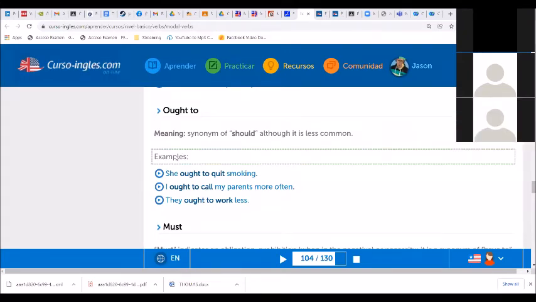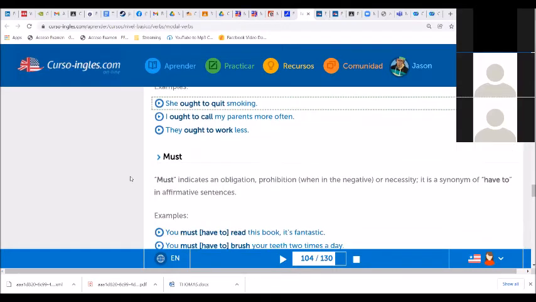Ought to. Examples. She ought to quit smoking. I ought to call my parents more often. And they ought to work less. Good. All right. More of the same, but it is not common. It's more of a British thing.